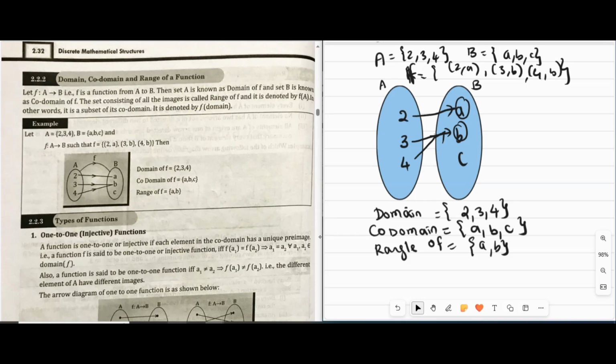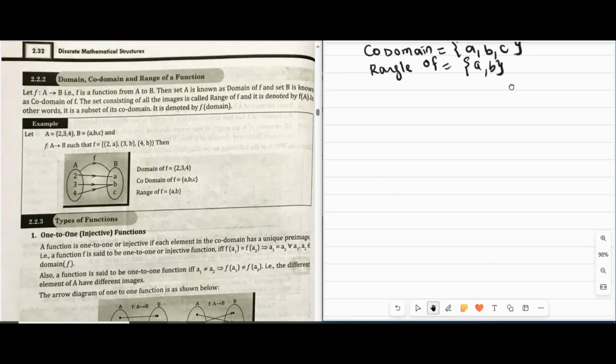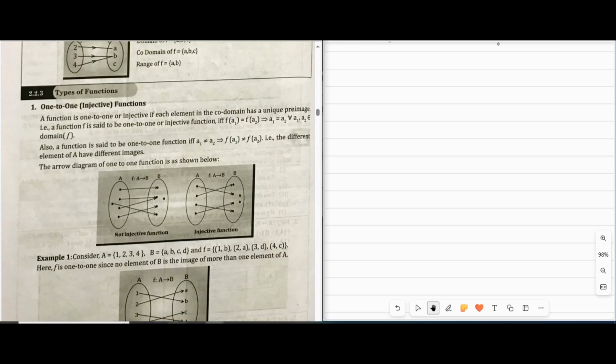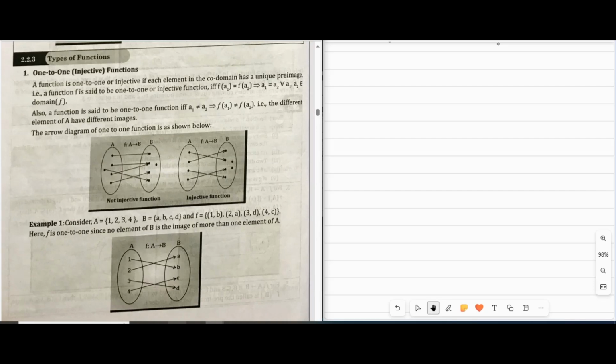So now moving to the next part, we have types of function. What are the different types of function? We'll discuss now. In types of function, the first one is called a one-to-one function. One-to-one function is also called an injective function.